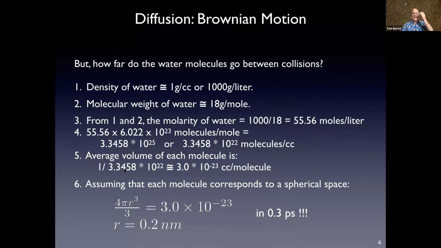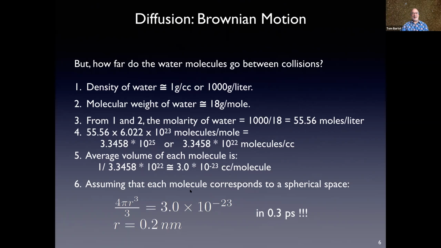From that, we can calculate the average volume surrounding each water molecule. Of course, the water molecules themselves are two hydrogens and an oxygen, and we can get the Bohr radius of all those and the molecular size of the whole thing. But this calculation gives the average volume around each molecule.